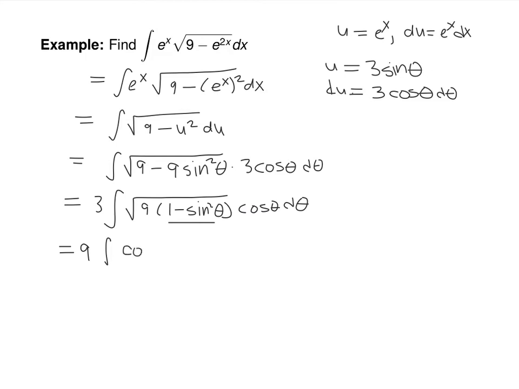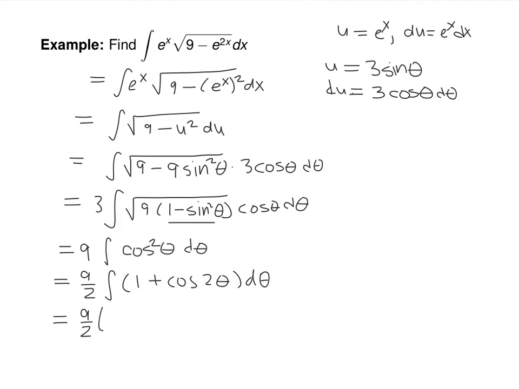making it cosine squared. And here we are again in half angle city. So 9/2 integral 1 plus cosine of 2 theta. So anti-differentiate, and that's 9/2 times theta plus 1/2 sine of 2 theta.